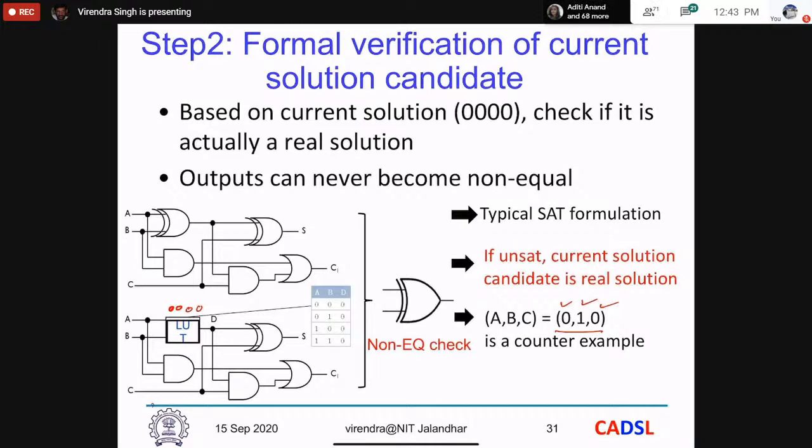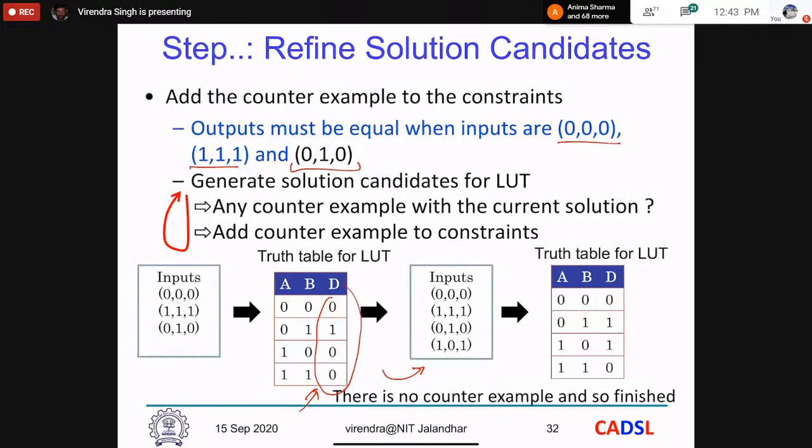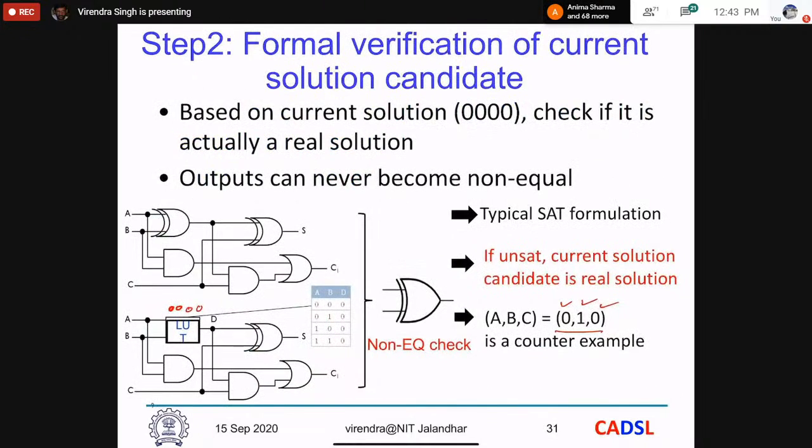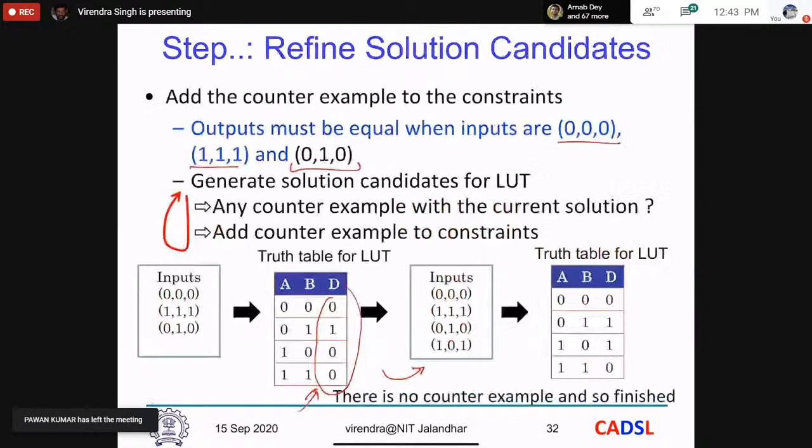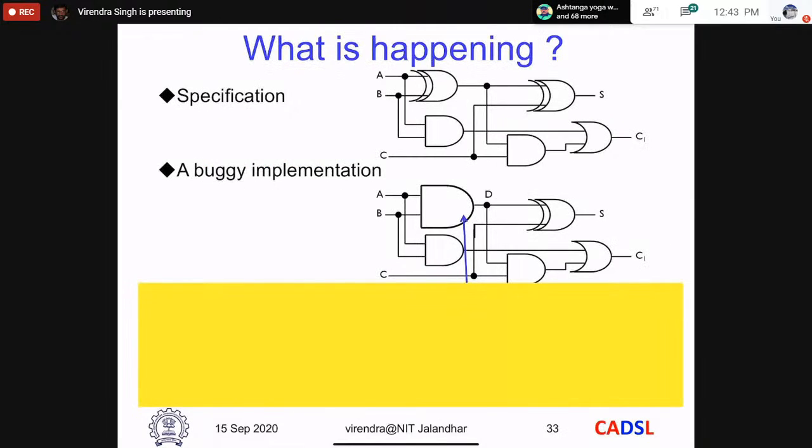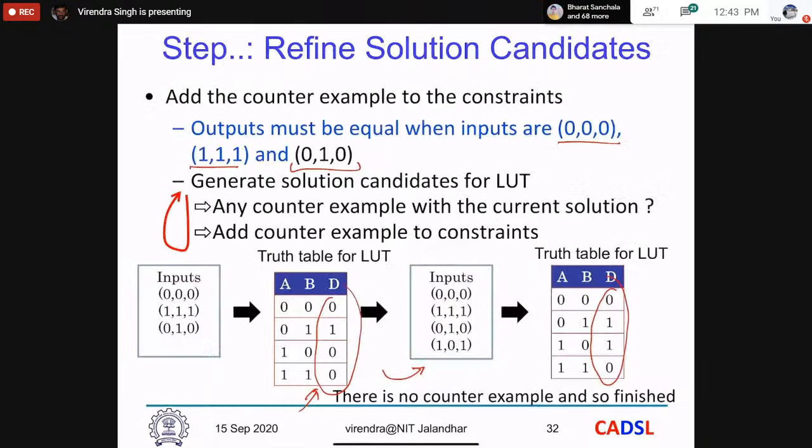Now the configuration is 0100. So now I'm doing this for 0100, and you find some configuration. That configuration is 0110. Now again I will do the same thing. I will go back and look at whether there is some counter example or not.